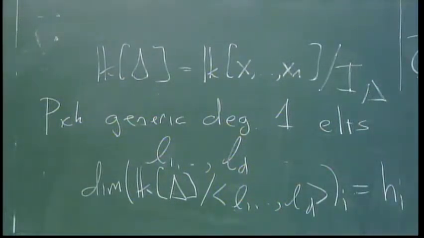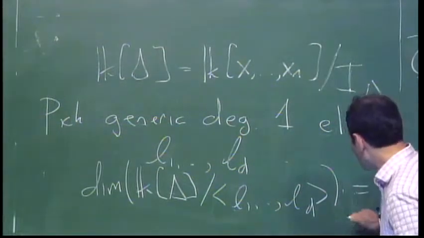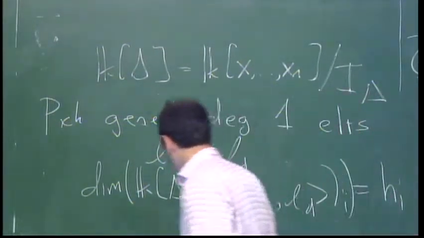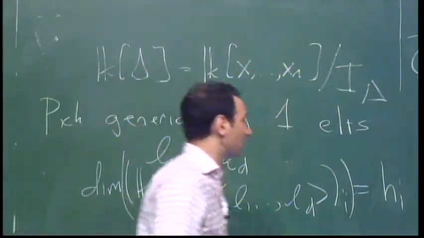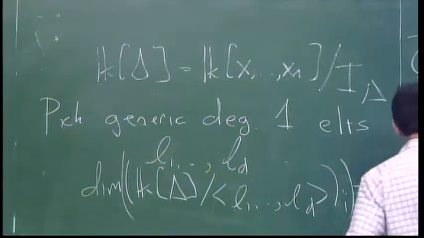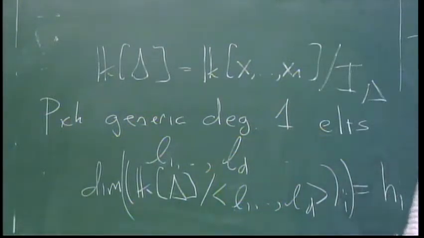So the quotient is a graded ring. I'm looking at the dimension of the i-th graded piece. So maybe I'll write it like that. Then the lower bound theorem, the unimodality statement, becomes a theorem about the existence of a Lefschetz element.